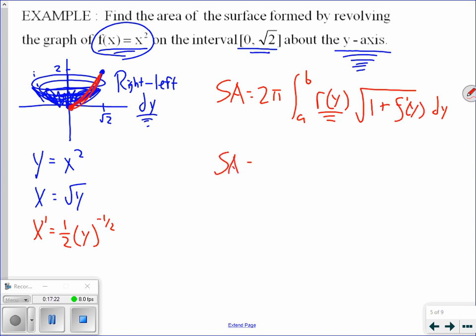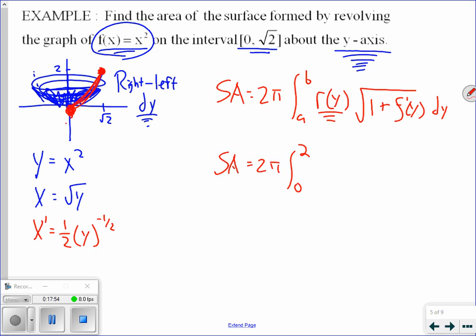So surface area equals 2 pi, integral from, instead of a to b, it needs to be the lowest point to the highest point, right? Bottom to top. So the lowest point is at 0, and the highest point is at 2. It's going from 0 to 2. Okay, it's the y values, not the x values.